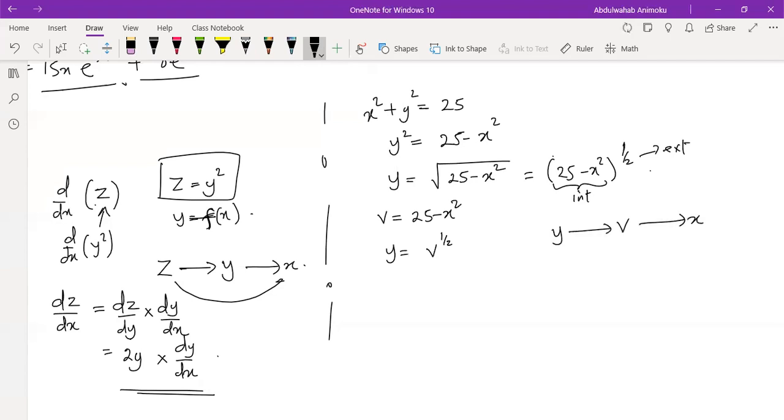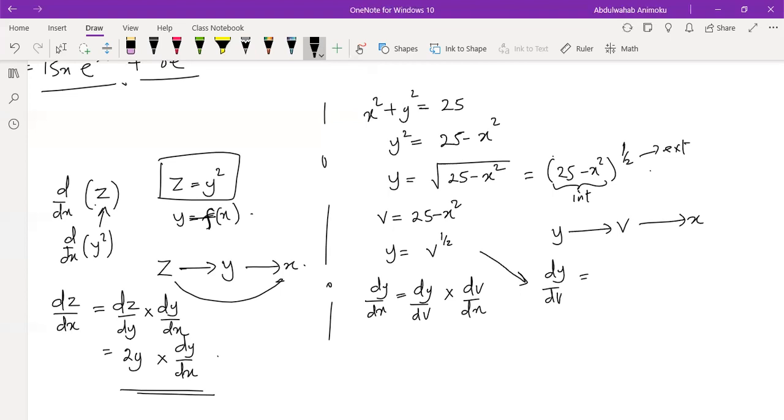So dy dx would be dy dv times dv dx. Now, what is dy dv? So dy dv, you can see I'm trying to differentiate this function. Now, this is just a fractional power. It's just the same thing as how you differentiate a polynomial.